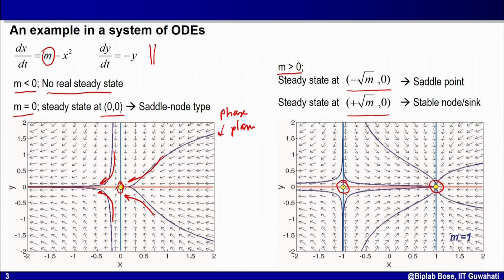One of them, this one, is a saddle node, which is obviously unstable, whereas the other one is actually a sink, a stable node. So as I change the parameter m, the number of steady states and their stabilities also change. So I will say this system has bifurcation with respect to the parameter m.